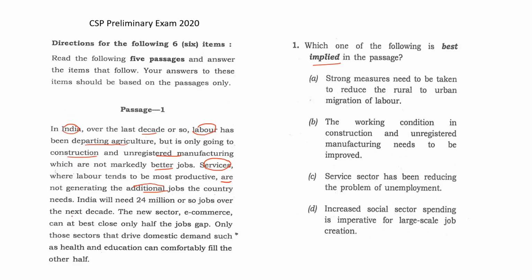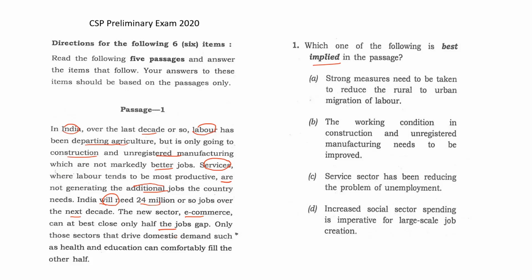India will need 24 million or so jobs over the next decade. The new sector, e-commerce, again another new keyword, can at best close only half of the jobs. That means just about 12 million jobs could be created by e-commerce. Still we have 12 million jobs required.